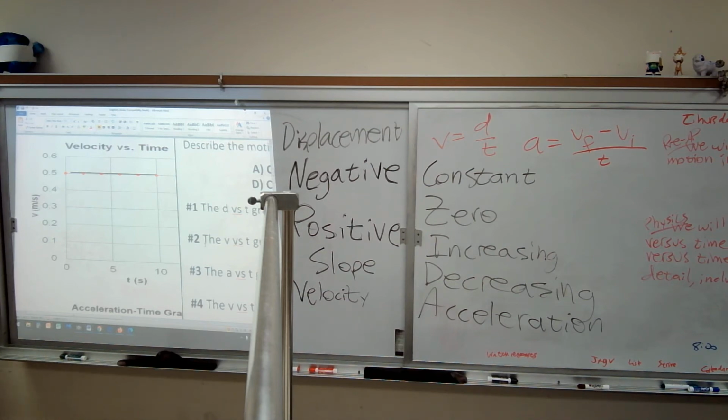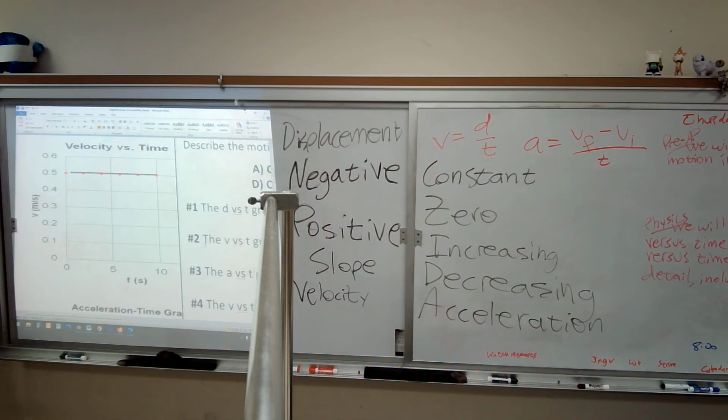Emmanuel, have you said something yet? What you got for this one? Well, okay, it's constant. Well, we already said velocity is constant, but there's something else you can say is constant. There's two more things out of these things. Constant slope.